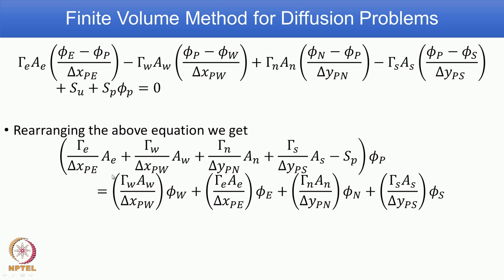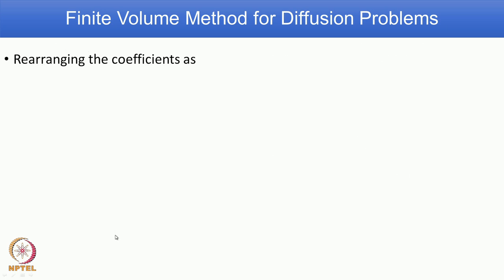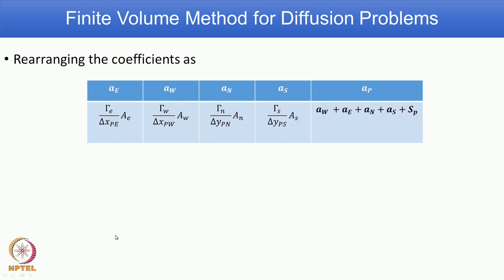If you look at this equation, the left hand side is unknown, and the right hand side is the contribution from neighboring nodes. In the two dimensional case, the neighboring nodes are the west node, east node, north node and south node. Let us rearrange the coefficients as we did in the one dimensional case, in the form of a standard expression, that is a E, a W. Now, we have a N and a S also included.